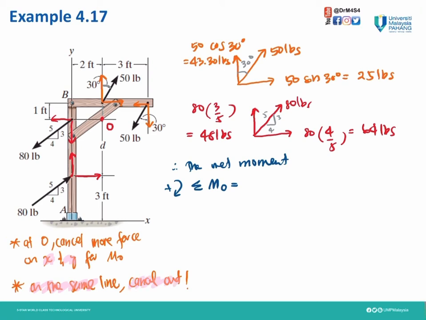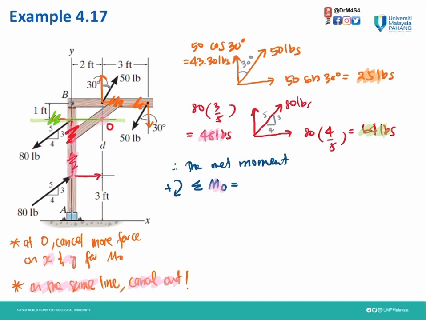What does it mean? For example, this 48 pound force, because it is acting on the same line, we can simply cancel both out. Similarly, for the 25 pound forces, this one and this one, we can simply cancel them out. Also, when we take moment at O, this force with the magnitude of 64 pounds is exactly on the line with point O, so we can cancel it out as well.